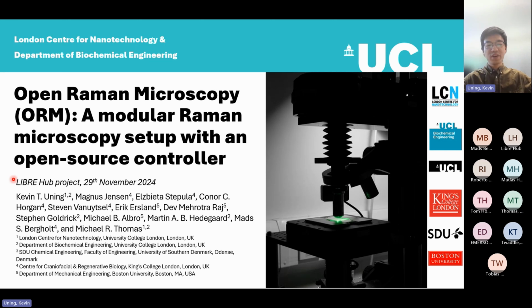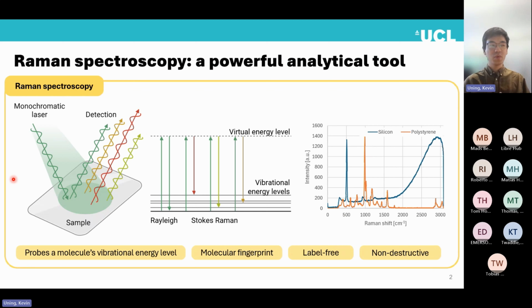Okay, but I think I'm getting a little bit too excited and ahead of myself. So I would like to start maybe with the background on the fundamental mechanism behind ORM, behind Raman microscopy, which is Raman spectroscopy. As most of you would know, Raman spectroscopy is a very powerful analytical tool. It is so because it allows us to probe into a molecule's vibrational energy level.